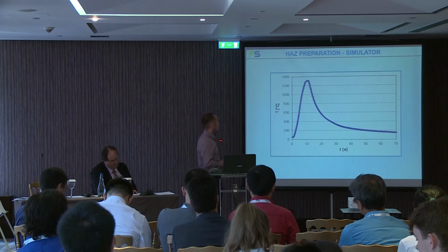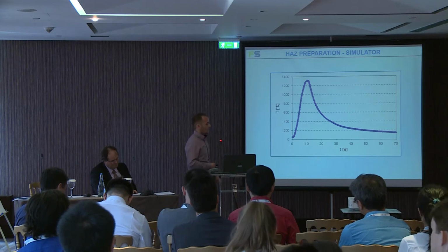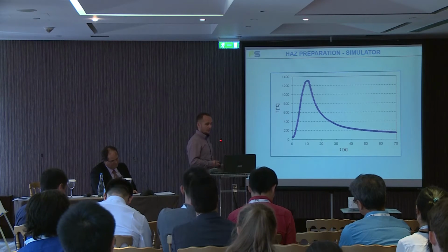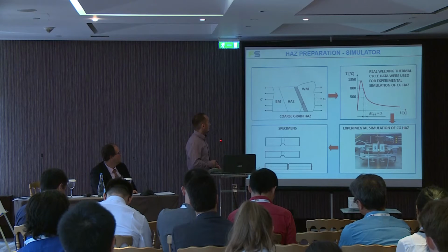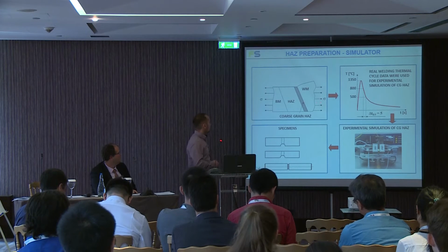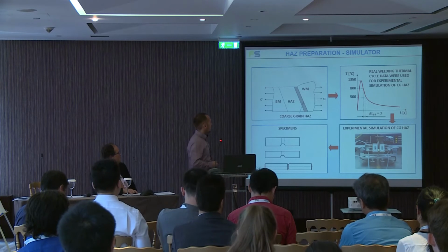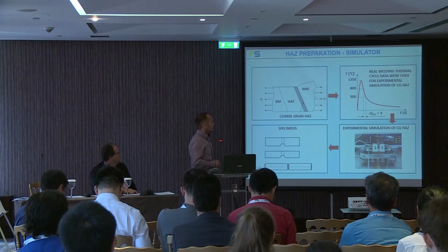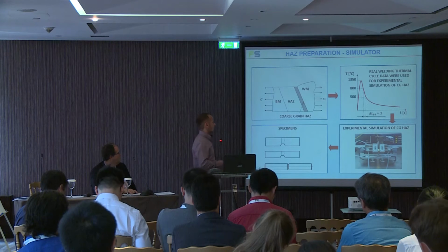This is the thermal cycle which we have prepared, which we get from the welding simulator. We know, as I already described, this is coarse grain nearly at the weld metal, and this is the diagram which we get from the welding simulator.